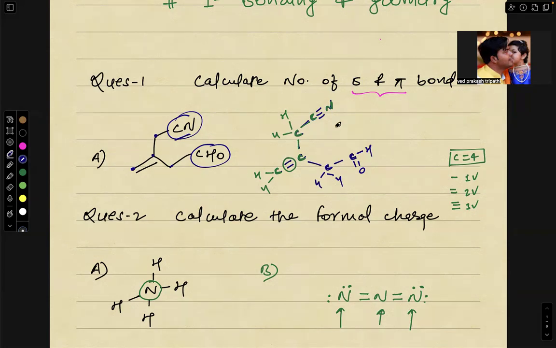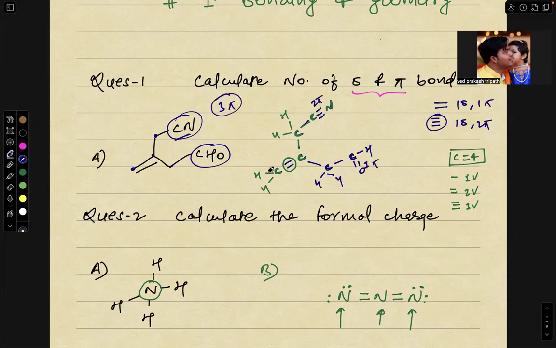You can see we have 1 pi here because a double bond has 1 sigma and 1 pi, and a triple bond has 1 sigma and 2 pi. So overall, we have 2 pi here and 1 here. So 3 pi total.